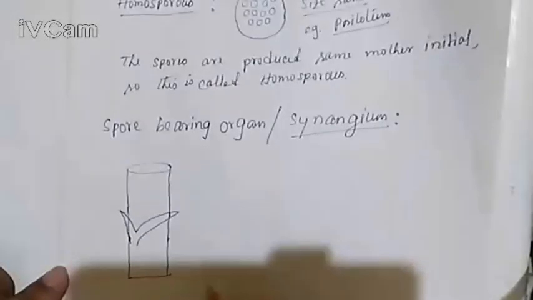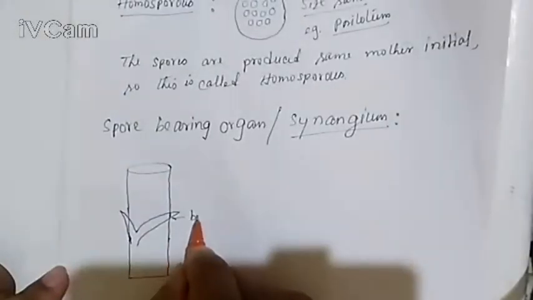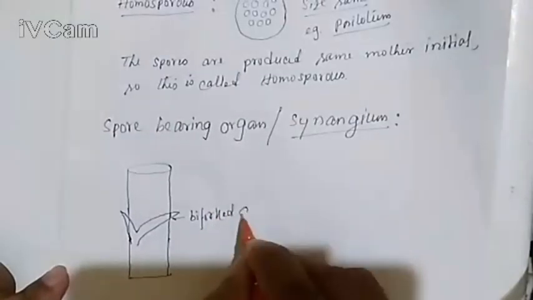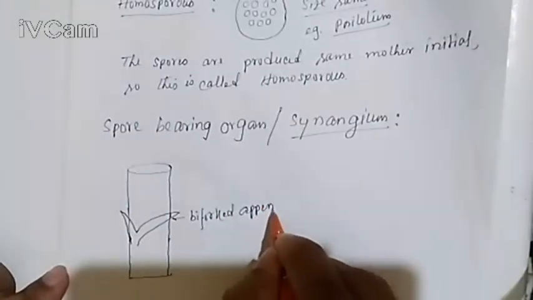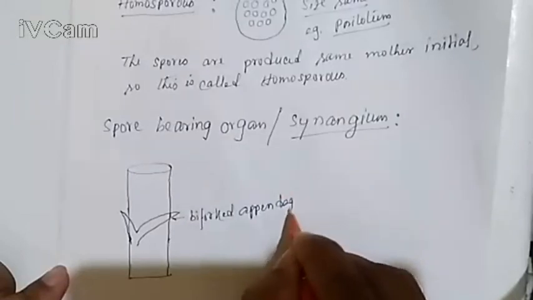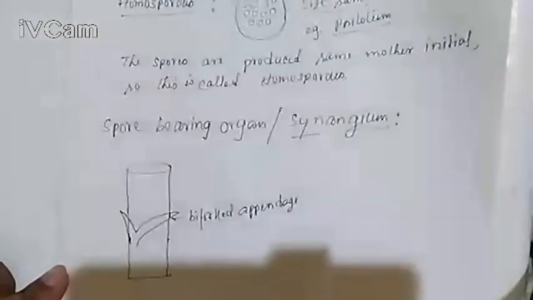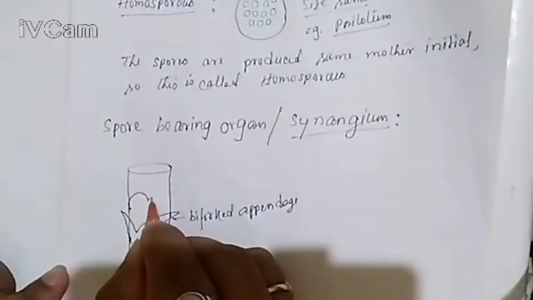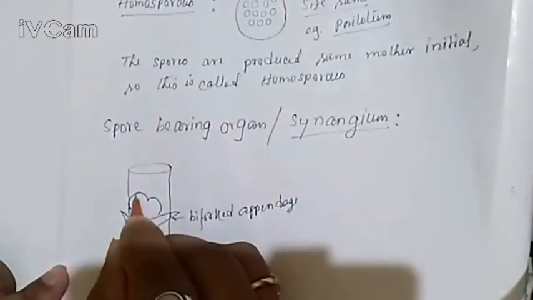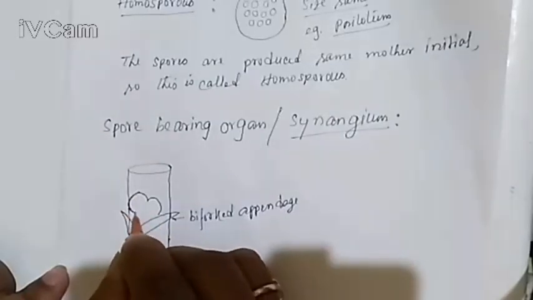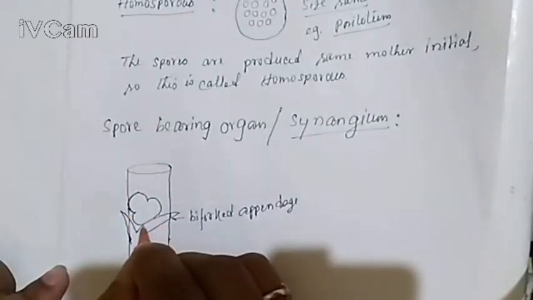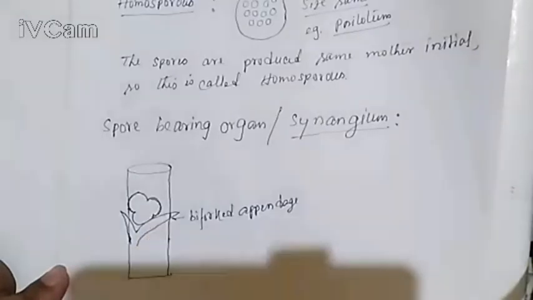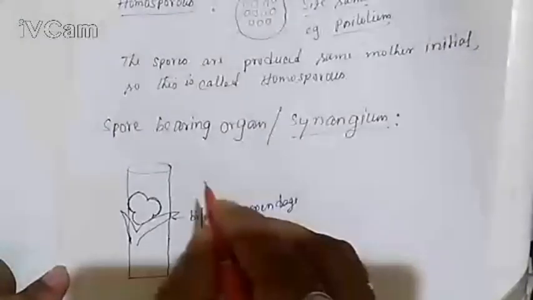This is the biform appendage, and it develops a sporangium, better to say a trilocular sporangium. This is the trilocular sporangium.